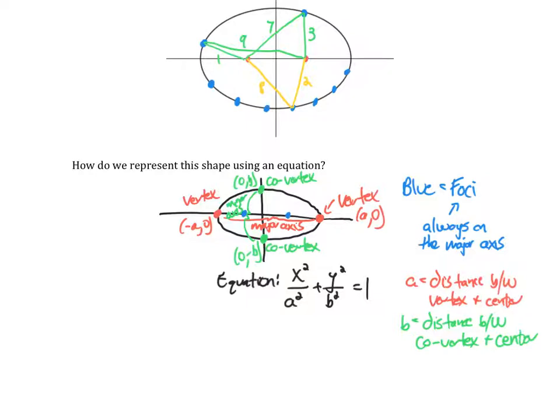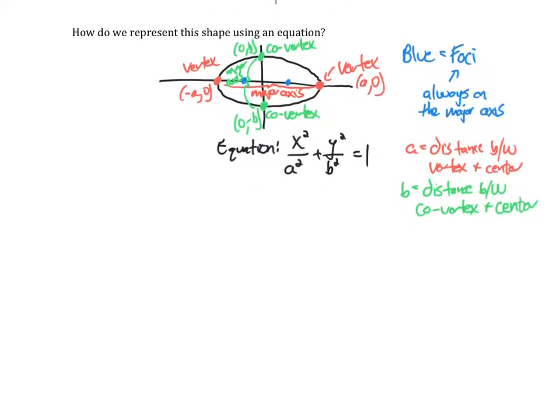Now notice this is when we have a horizontal ellipse. But what would happen if I had another axis and drew another horrible ellipse or oval? Still terrible.